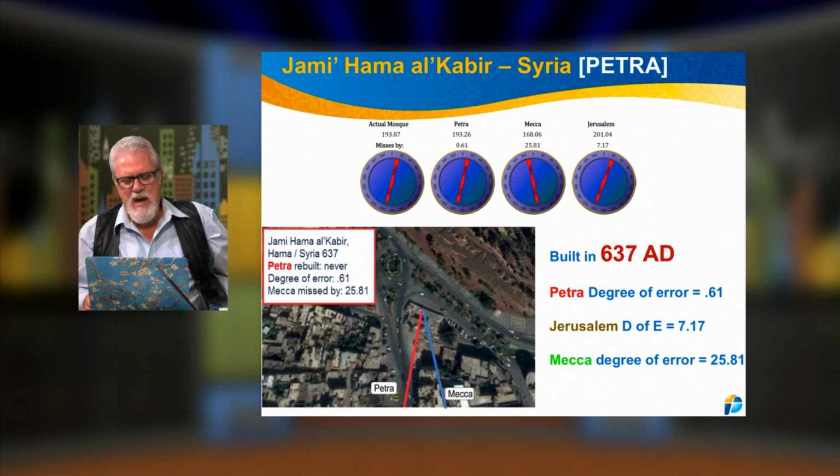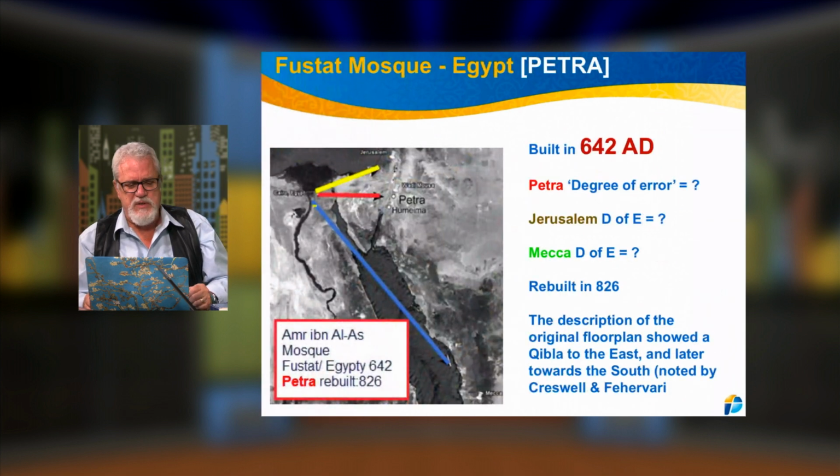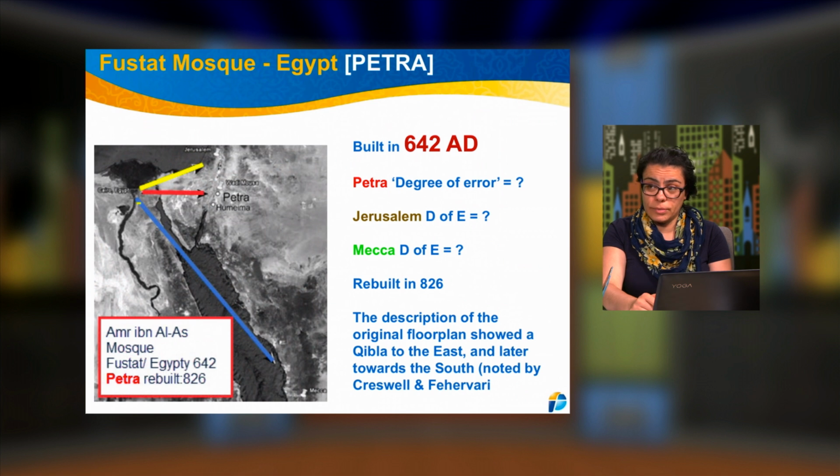Now we go back to Egypt. This is the mosque that Creswell and Fehervari had noticed back in 1905. When we get back to the Fustat Mosque, just outside of Cairo, in the garrison town there, what do we know about this one? It was rebuilt in 826, which is the 9th century, facing towards Mecca. So it had to be rebuilt to face it correctly.